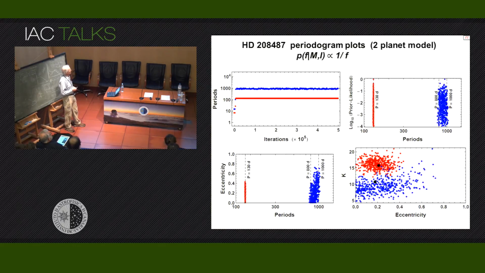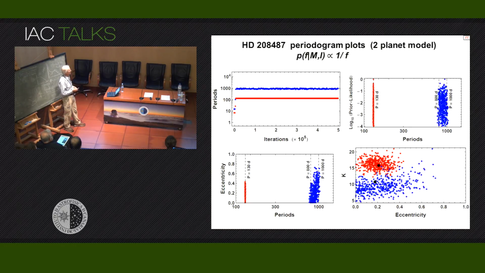And then here's the eccentricity versus period. This one has eccentricity going from 0 up to about, well, depends on the threshold I cut off here, but it's more informative when I plot the marginal for the eccentricity, where you'll see the distribution more accurately. This just shows the distribution of points, basically. And here's the K parameter plotted versus eccentricity.